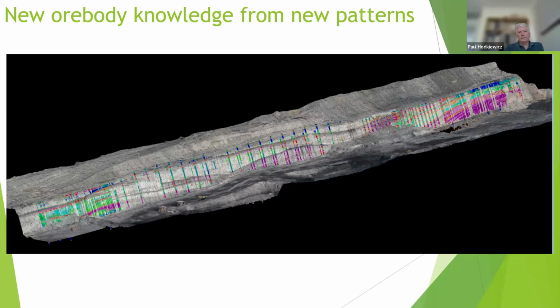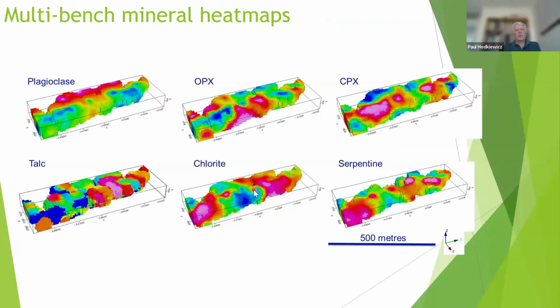So here's another example of new data from new technologies that improves orebody knowledge. These are benches from a base metal open pit, and they're multi-bench heat maps. The length of the pit shown by these blocks is about 600 meters. And we're looking at silicates here in heat maps, just showing the intensity of things like plagioclase, orthopyroxene, clinopyroxene, talc, and chlorite and serpentine.